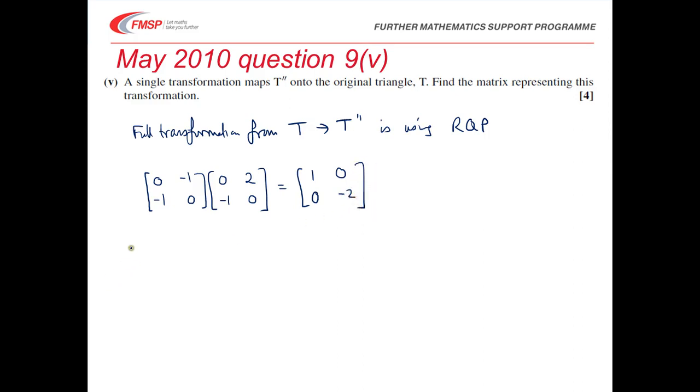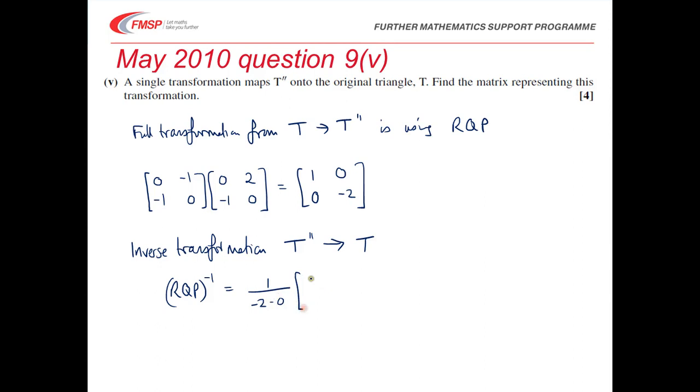And the inverse transformation to get us back from T double dashed back to T is going to be RQP inverse. So the inverse of the matrix we've just found, which is 1 over minus 2 take away 0. Swap the two terms in the leading diagonal and change the signs of the other two.